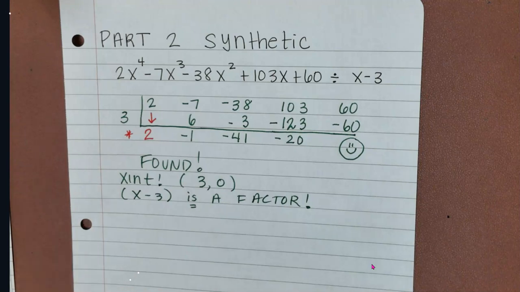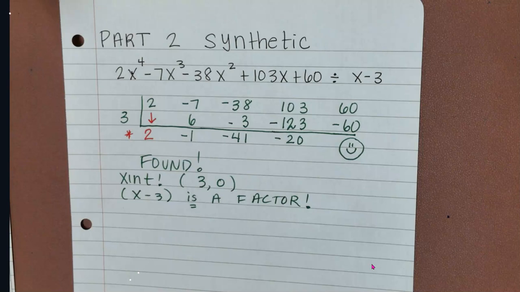So look, this 2, -1, -41, -20, those are coefficients for the factor of the polynomial. But the polynomial, this answer gets knocked off a degree. This was a degree of 4. This is going to kick off a degree of 3.